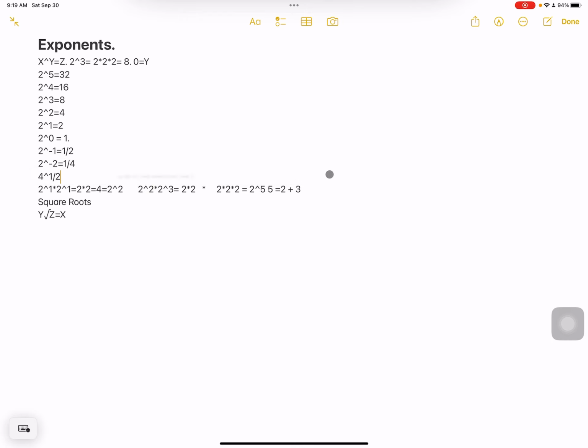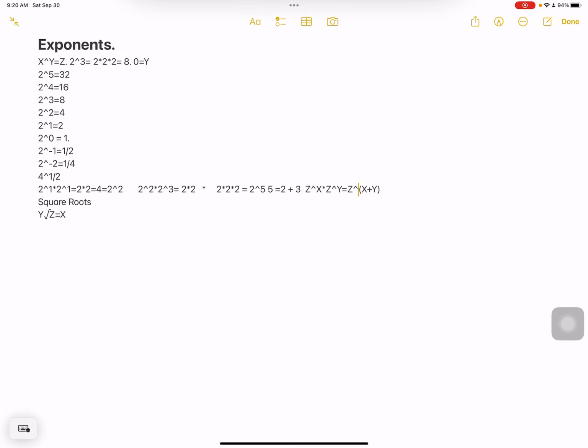So now you've figured out another equation. z to the power x into z to the power y equals z to the power x plus y.